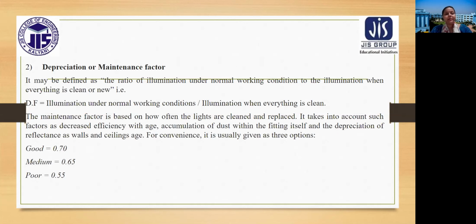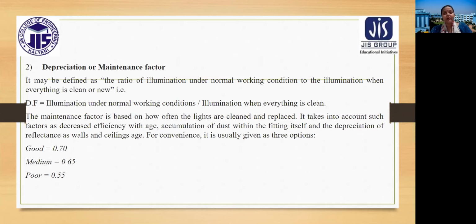Next is depreciation factor or maintenance factor. It may be defined as the ratio of illumination under normal working condition to the illumination where everything is clean or new, right? The efficiency of the lamp that we are using in different areas, maybe in our room, in an industry, in a workshop, it is very obvious that it will decrease.